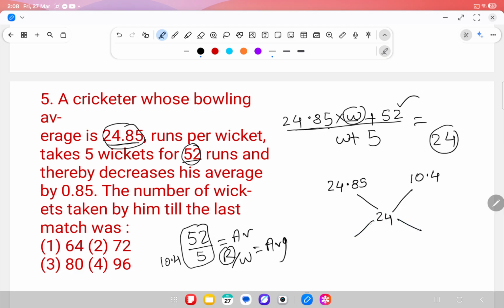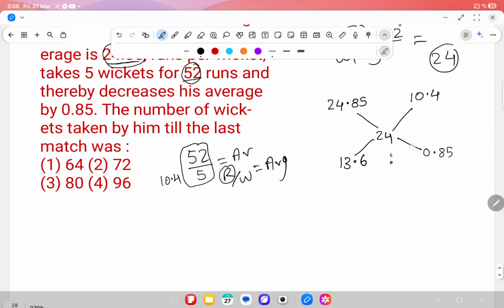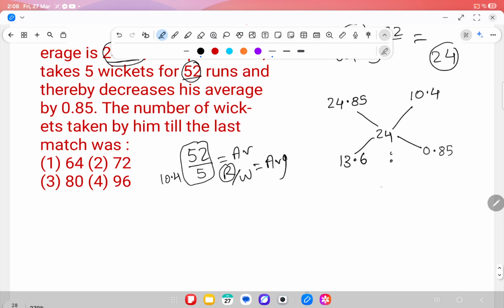So find the difference. It will be 0.85, and here it is 24 minus 10.4, which is 13.6. If you take the ratio, we need to multiply the whole by 100. It becomes 1360 to 85.